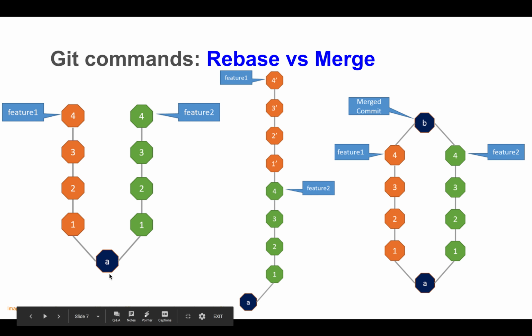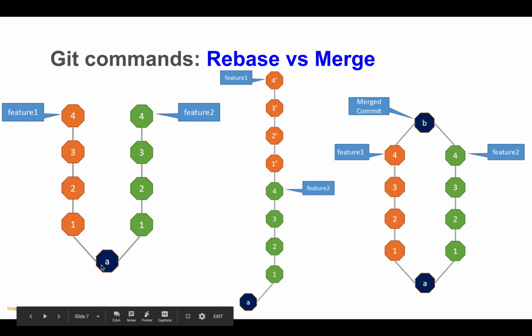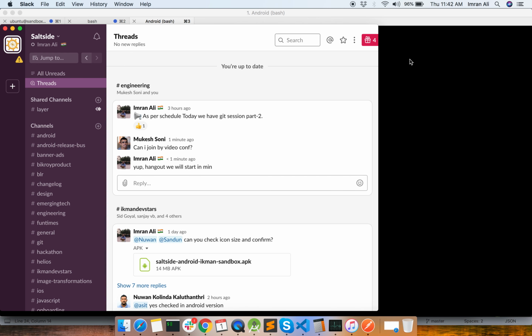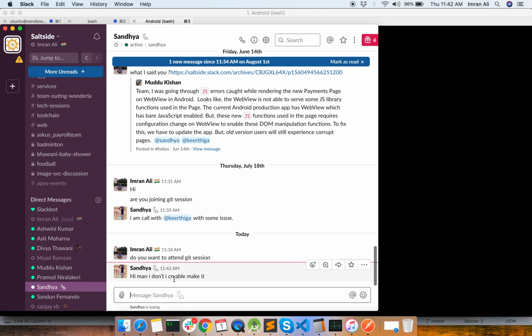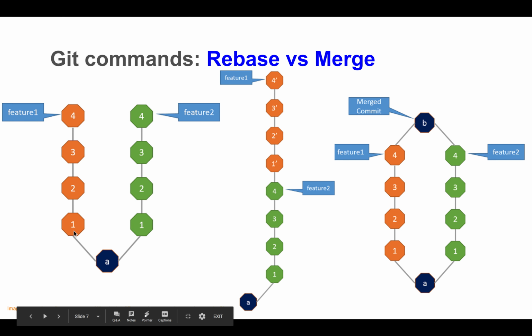So let's say this was the master branch, or this was the commit number. From there, two branches have deviated, like the feature one branch and the feature two branch.